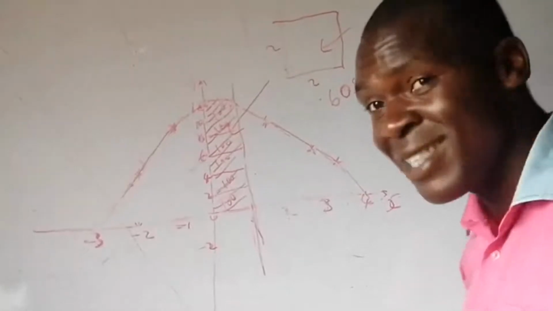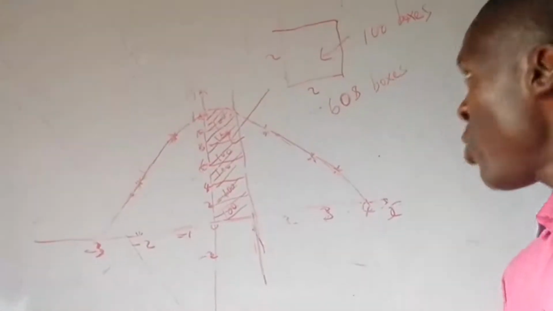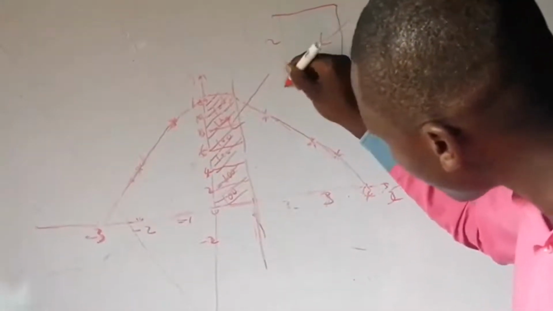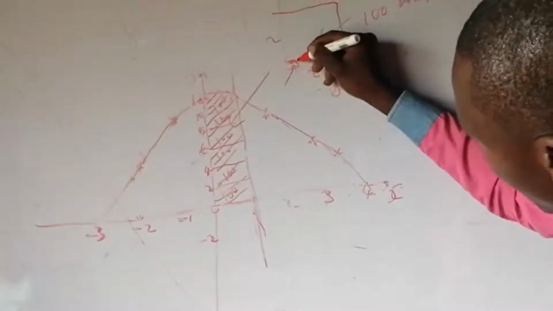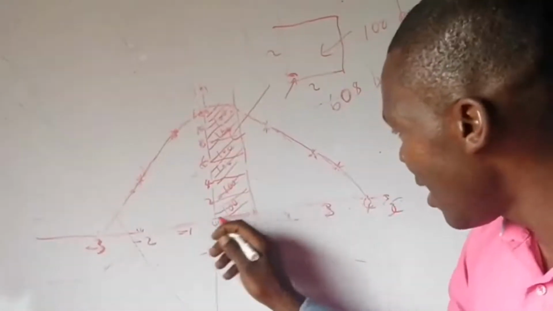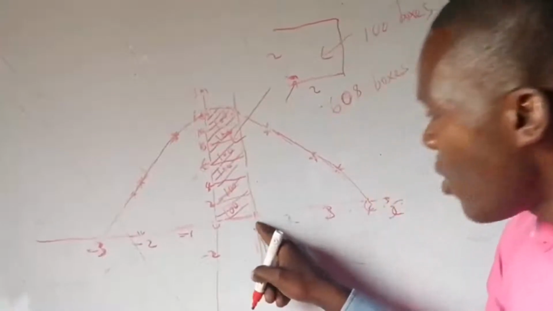So to find the area now, you have to know the area of a single box. Here the length represents 10 boxes, and the length here is 1 unit.